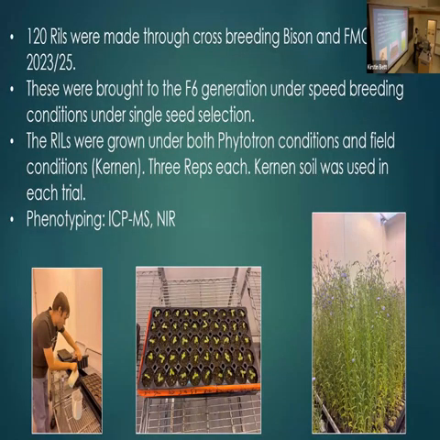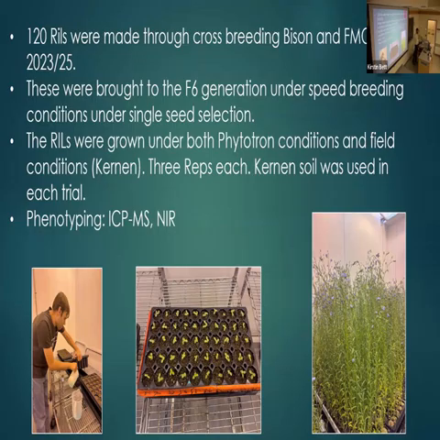Through this crossing, we made 120 different RILs by crossbreeding Bison and FMC74 in 2023 to 2025. They were brought to the F6 generation under speed breeding conditions with single seed selection. The RILs were grown under both phytotron conditions and field conditions, with 3 reps each. Kernen soil was used in each trial.